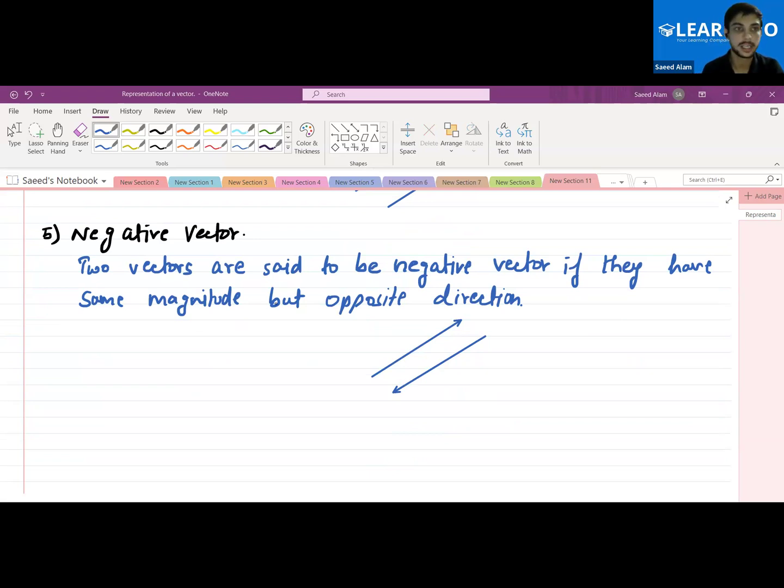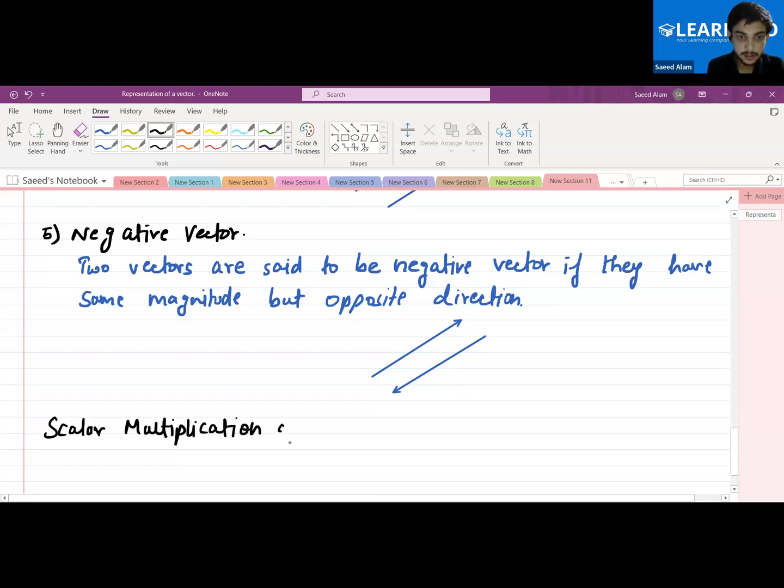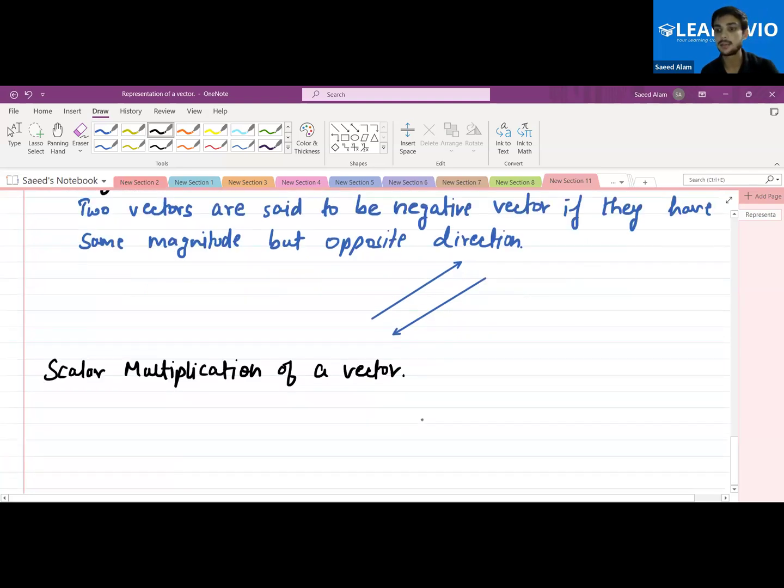Okay. The next thing that we should see here is scalar multiplication of a vector. What do we mean by scalar multiplication?